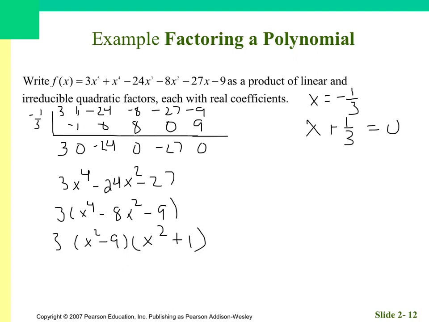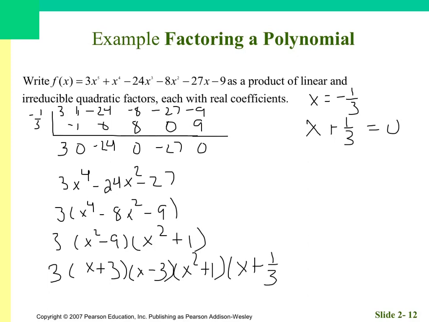Now, can any of these still factor? We have to check whether we can factor more. This one, yes: 3 times x squared plus 3 times x squared minus 3. And then we bring down the x plus 1/3. So that's a product of linear and irreducible quadratic factors.